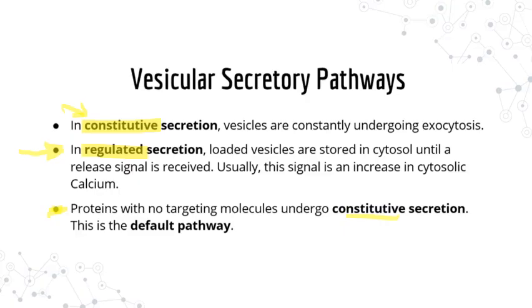If the protein does not undergo the default pathway, then this thing is going to be accumulating inside of the cell, and that's bad news. Okay? That could really cause cell damage. So whenever you have a protein that is not processed properly, doesn't have a destination, then it is always going to go through the default secretory pathway. Okay.